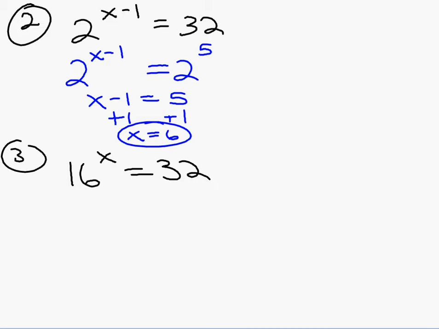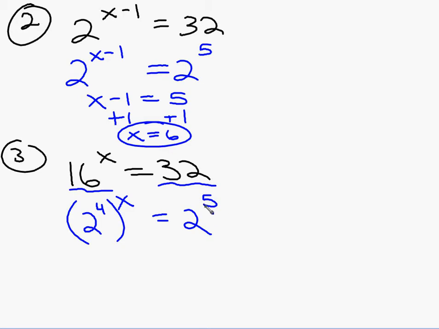So what we're going to do is change both of these so that they have the same base. They are both a power of 2, aren't they? So 16 is 2 to the 4th, but the whole thing is to the x power. And 32 is 2 to the 5th.